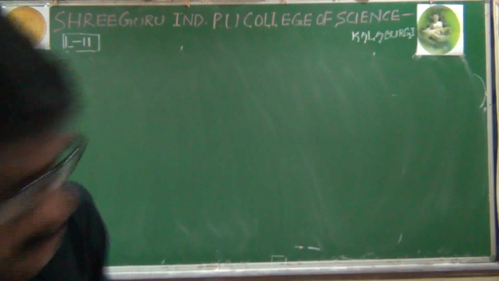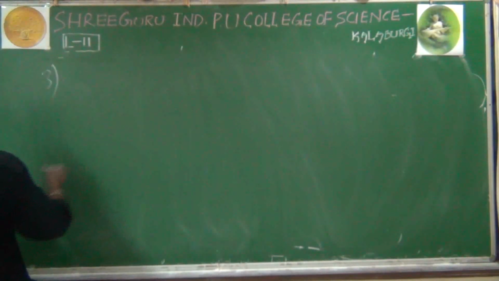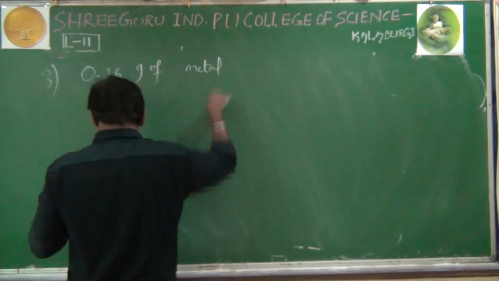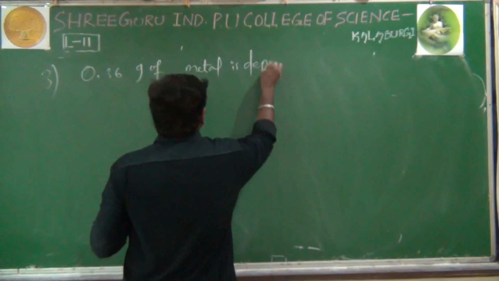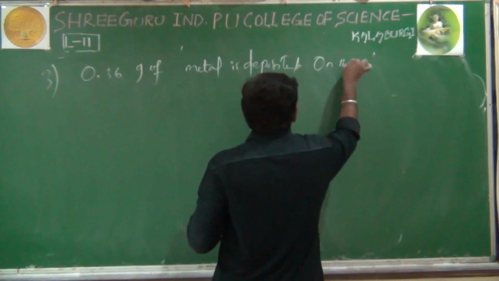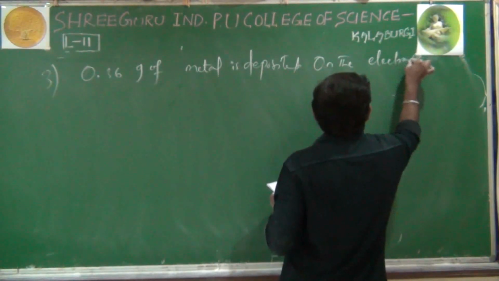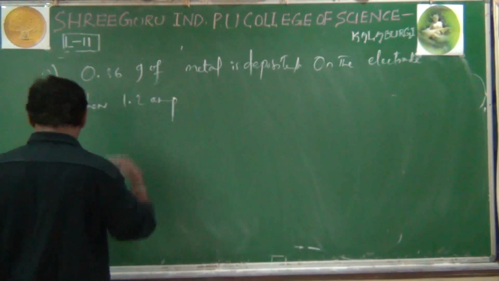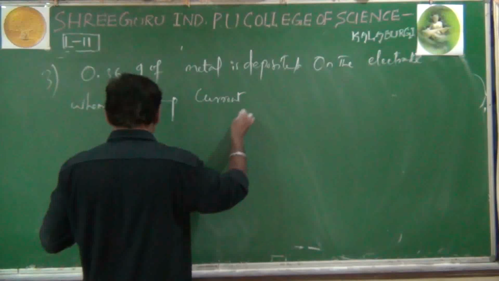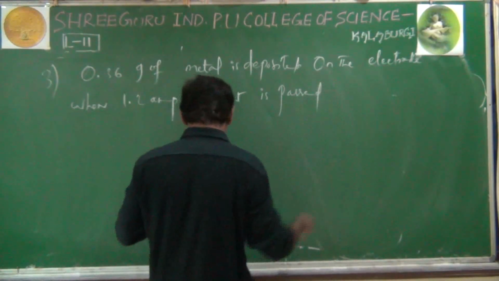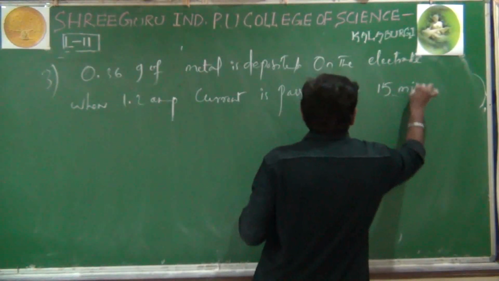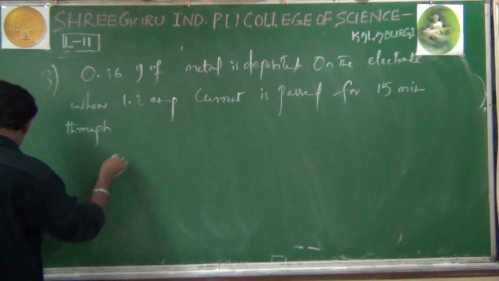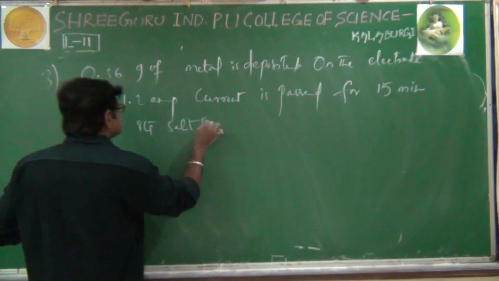Question number 3. 0.36 grams of metal is deposited on the electrode when 1.2 amperes current is passed for 15 minutes through its salt solution.